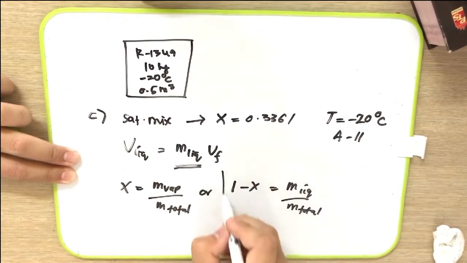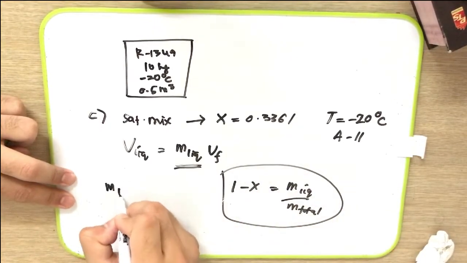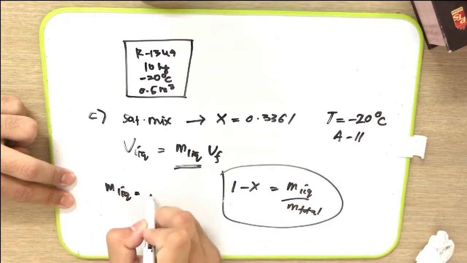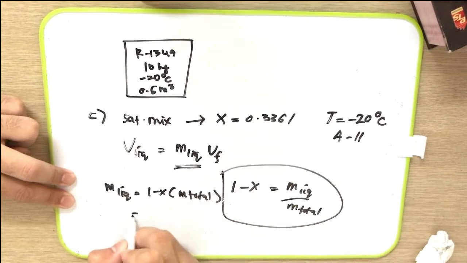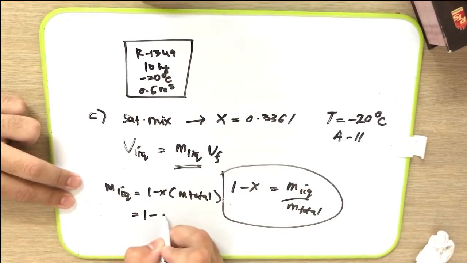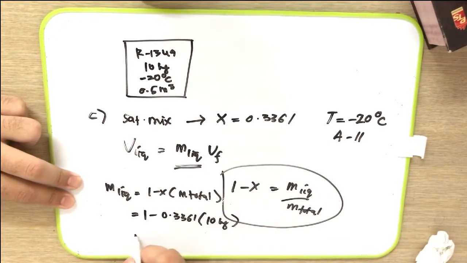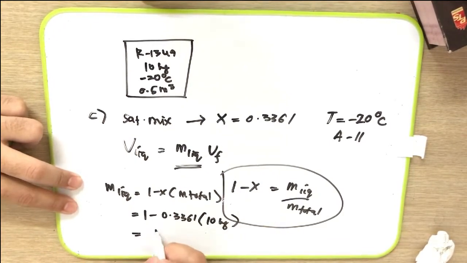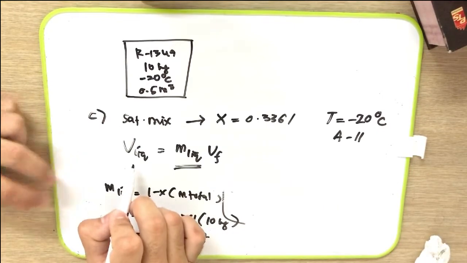So we can use this equation and rearrange it to find the M liquid. X we already have as 0.3361, and the M total is 10 kg. So the M liquid we get is 6.639 kg.